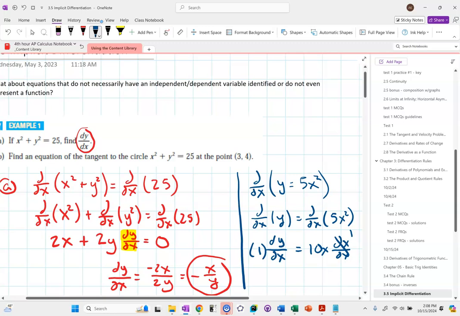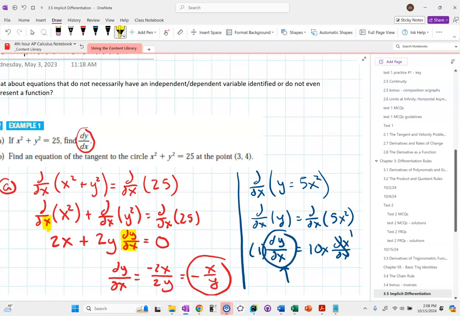This is the most common mistake students have when doing implicit differentiation: we forget to put in the dy dx's. Anytime you differentiate a variable that is not the variable of differentiation, it creates a d whatever term. Everybody's okay with that?